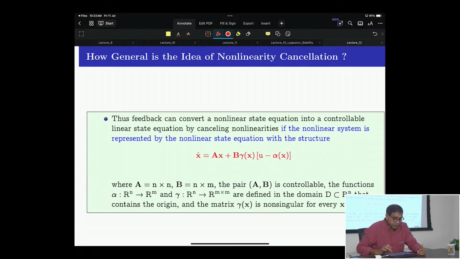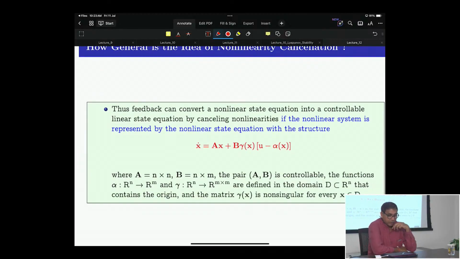This point will save. Thus, feedback can convert a nonlinear state equation into a controllable linear state equation by cancelling nonlinearities if the nonlinear system is represented by a nonlinear state equation of the form x dot equal to ax plus b gamma(x) into u minus alpha(x).